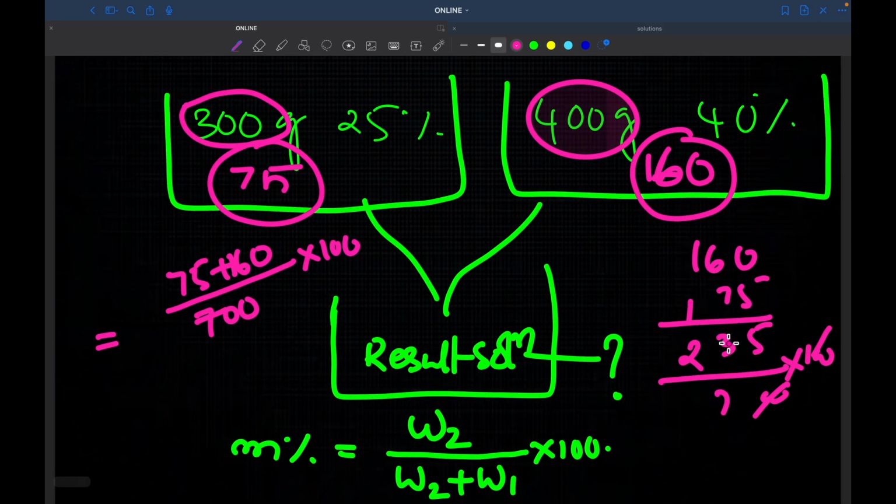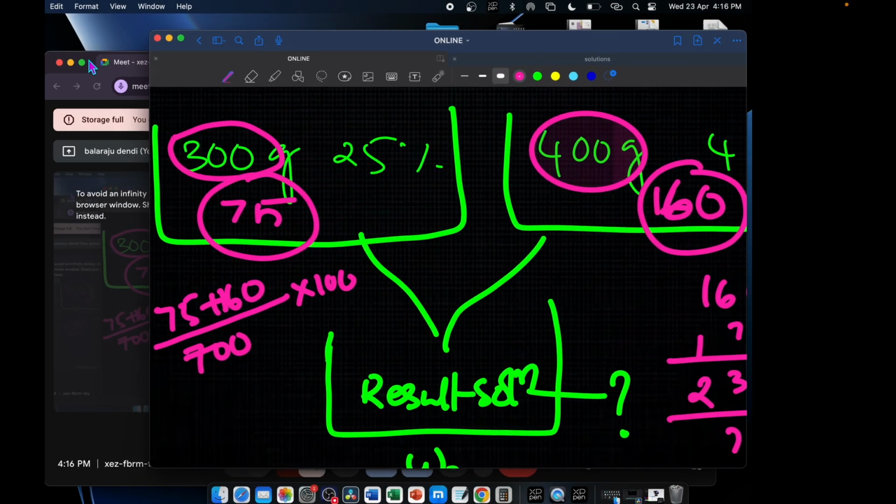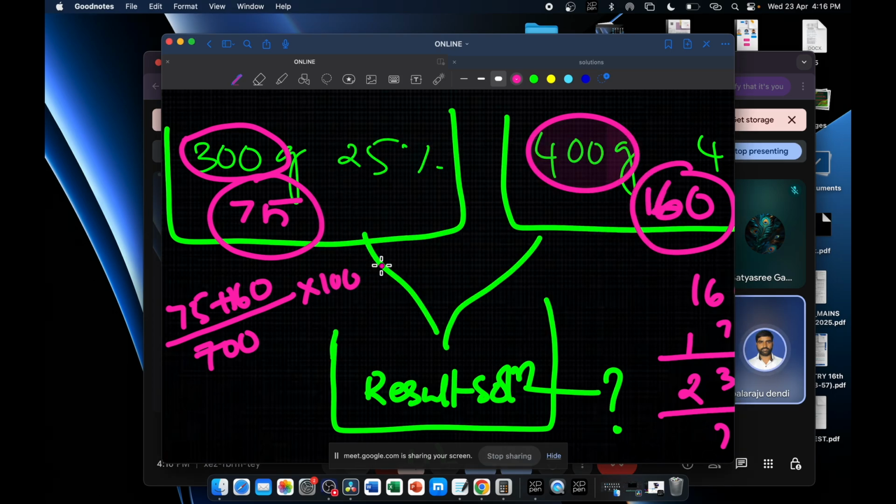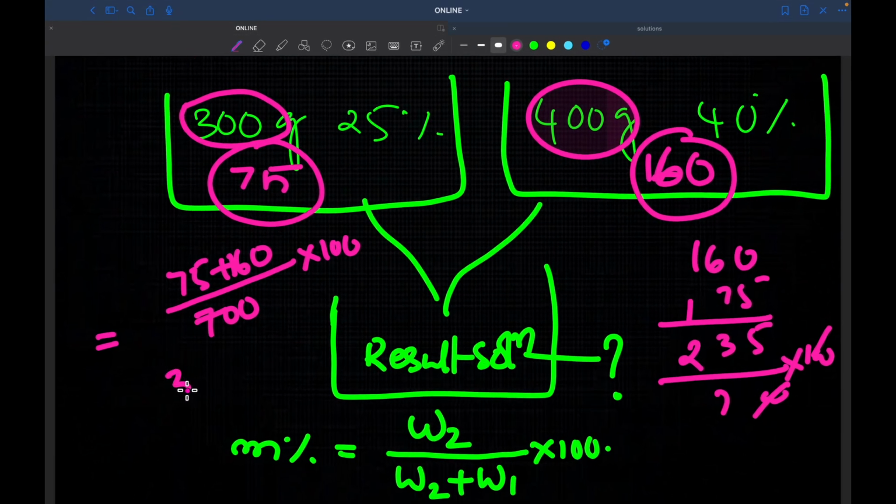So we have 235 by 7, which equals how much? 33.5%. 33.5% is the answer for this question.